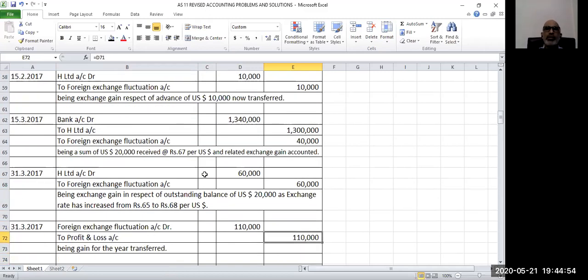This gain will be transferred to profit and loss account. The entry will be foreign exchange fluctuation account debit to profit and loss account. We are transferring the gain of rupees 110,000. So with this, our first financial year 16-17 is concluded by transferring this profit to profit and loss account.